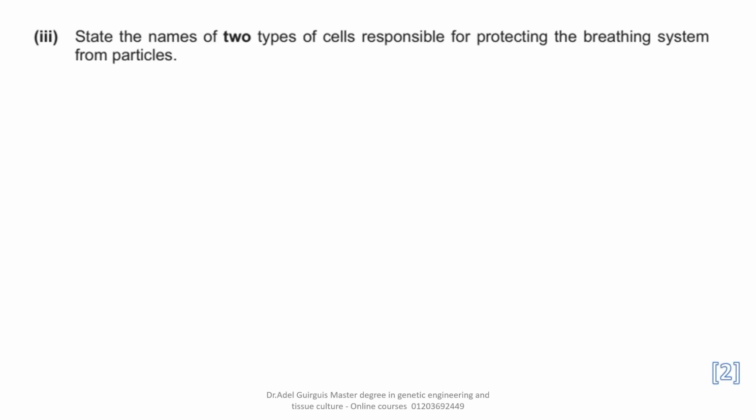State the names of two types of cells responsible for protecting the breathing system from particles. Particles like dust, smoke, pathogens, toxins, spores of fungus. Which two types of cells are responsible for protecting us from these particles?